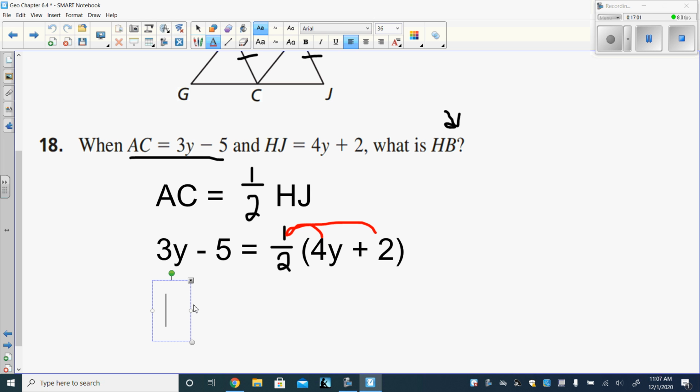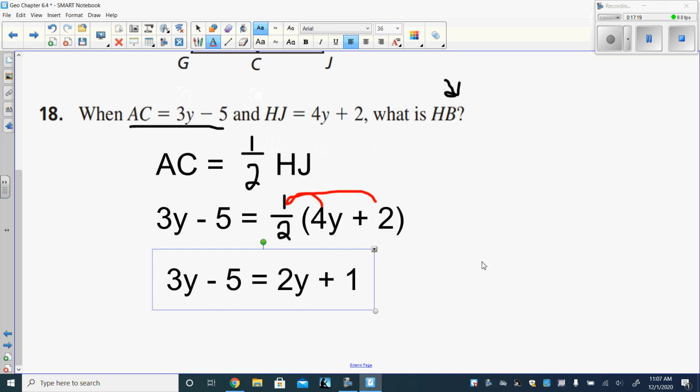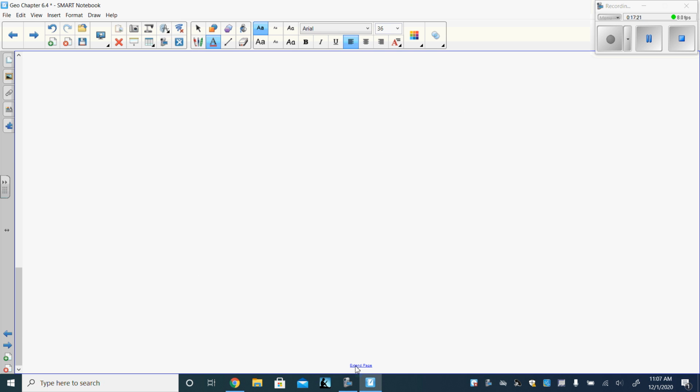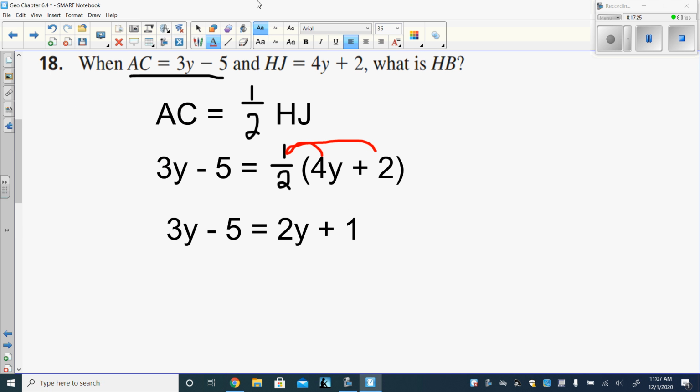So if I multiply this through, well, 3y minus 5 is not going to change. It is equal to, well, 1/2 times 4y, or 1/2 times 4, will give me 2y. And 1/2 times 2 will give me 1. So this one here, again, it worked out nicely, multiplying through the 1/2.